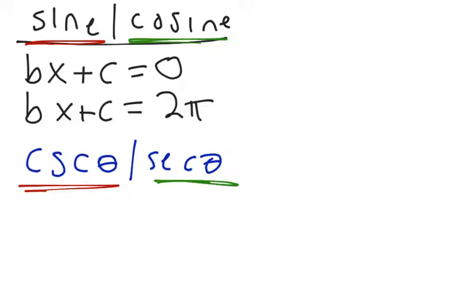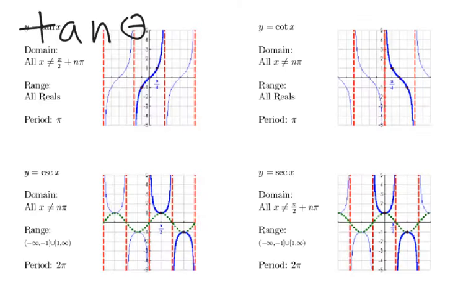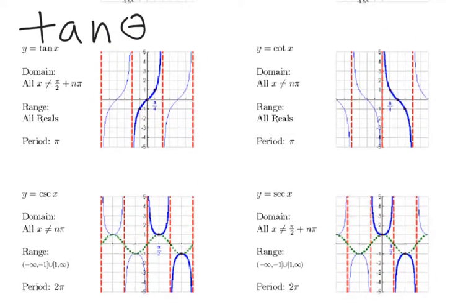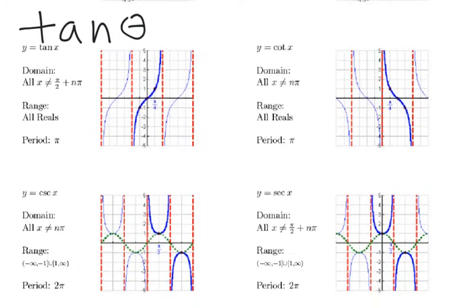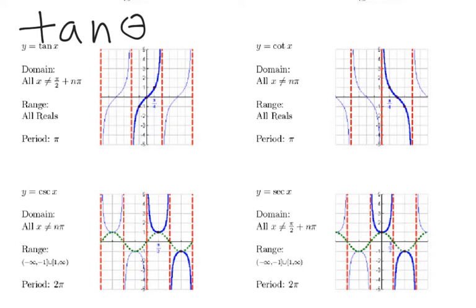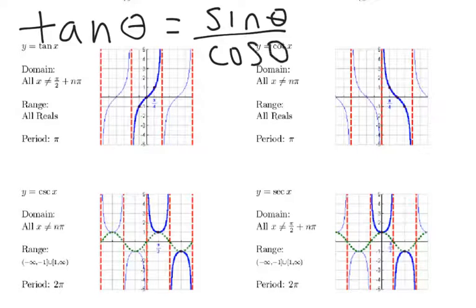Okay, but when we got into tangent and cotangent, we realized that some things were different. We said, well, tangent of theta is a different shape altogether, and we get this really weird graph that looks like this. I told you that this happened because tangent is actually the sine graph being divided by the cosine graph.